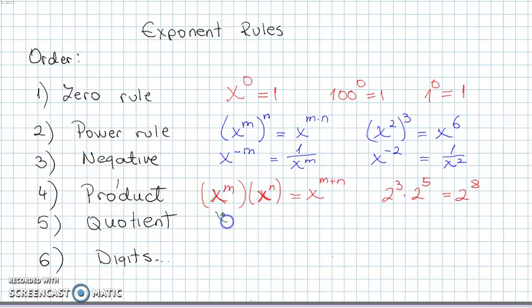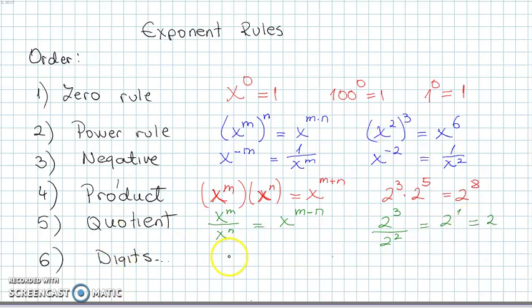Quotient rule: I'm dividing x to the power of m by x to the power of n. This is equal to x to the power of m minus n. So I'm subtracting exponents. For example, 2 to the power of 3 divided by 2 to the power of 2 is equal to 2 to the power of 1, or just 2.